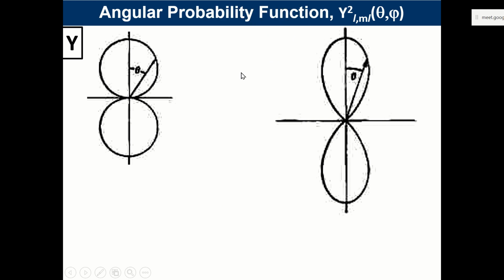What we see in the case of the p orbital, however, is that when you square it, the function looks like a dumbbell. The two tangent spheres in 3-dimensional space become a dumbbell.